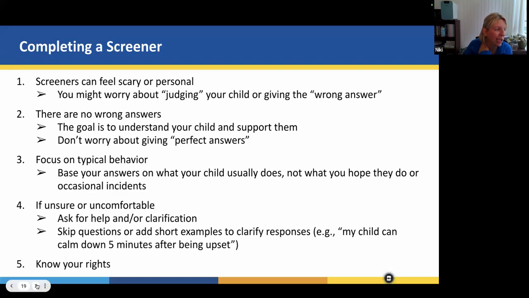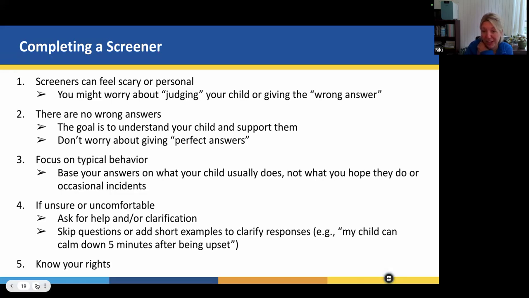It's very reinforcing. So when you get a screener sent home, Mary and I spoke about this when we were talking about this session. I was a school psychologist and oftentimes was the person sending these raters home.